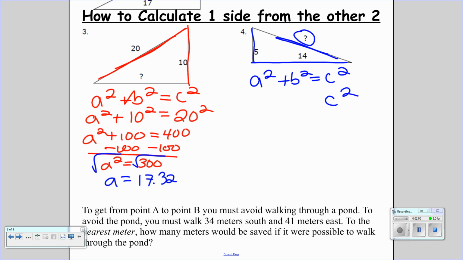So I'm just going to make 5 a, so we have 5 squared plus 14 squared equals 221. Okay, and that's c squared. We take the square root, and we get c is equal to 14.866.